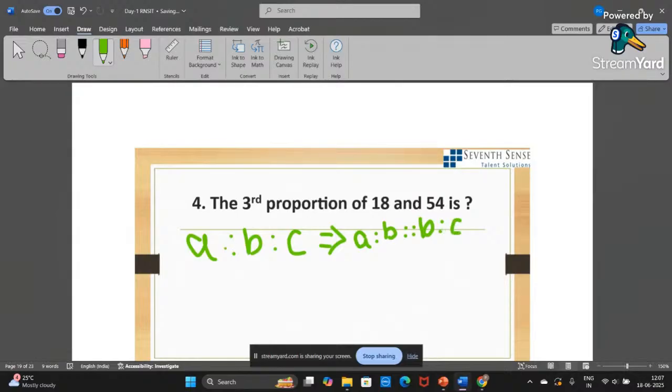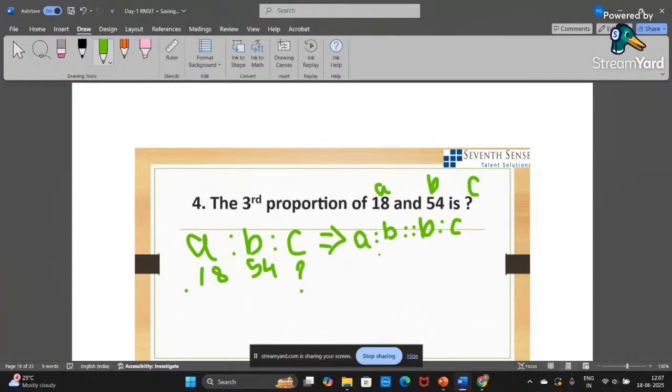Then just substitute your values in this. This is A and this is B. We need to find out the C. So this is 18, this is 54, and we need to find out this.